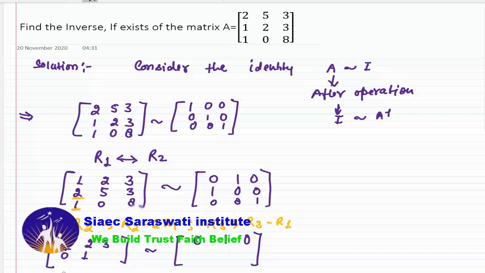When you apply 3 minus 6, that will be minus 3. When you subtract from R3, it gives 0, it will give minus 2, it will give you the 5.